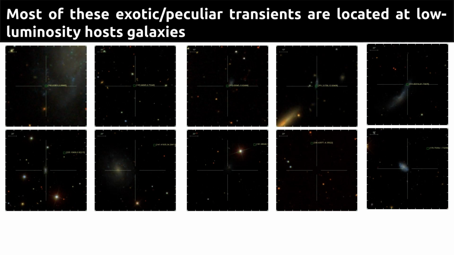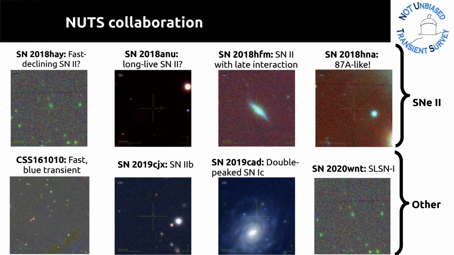But in the north, we didn't have a collaboration to follow the objects, and that's where NUTS appears. Max did an introduction, and since 2018, we have these 8 objects. On the top, you can see the type 2 supernovae, the hydrogen-rich: fast declining, long-lived, with interaction, 87A-like.